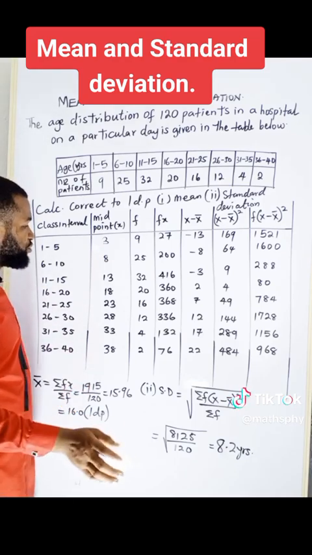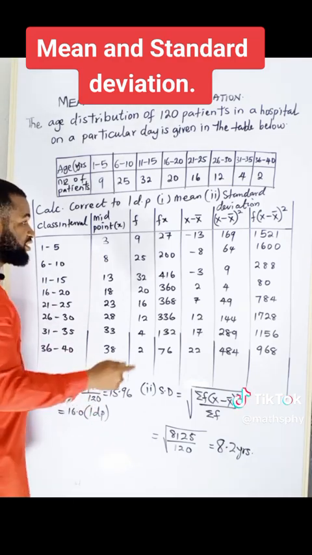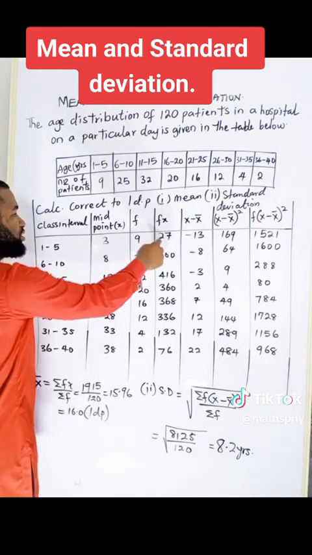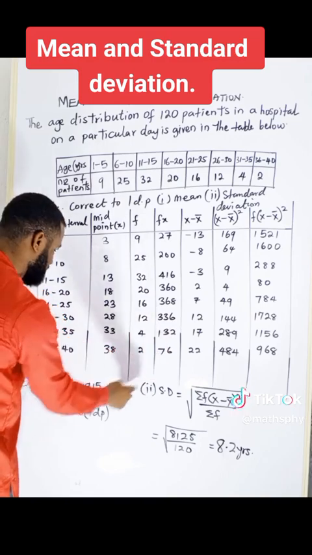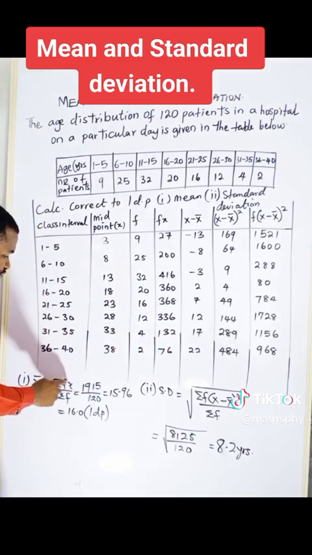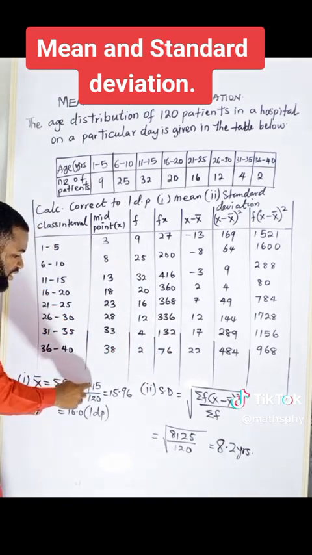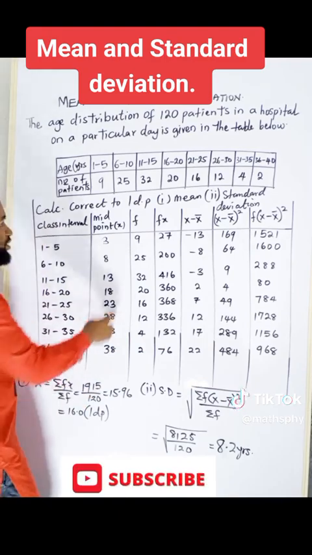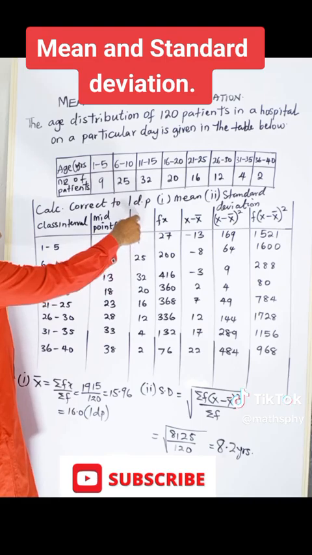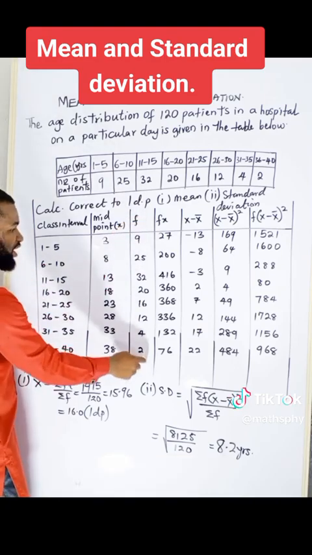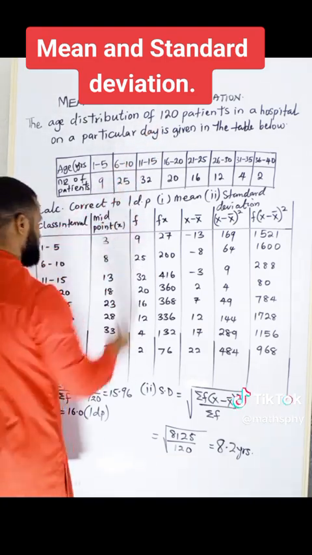You can pause and add it, or use your calculator. And the summation of f, which means adding everything here, is equal to 120.